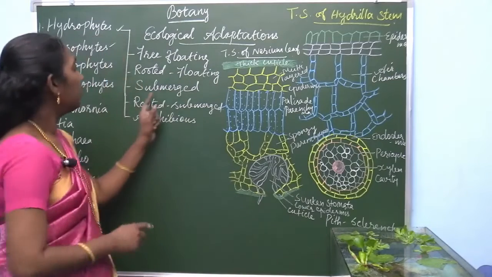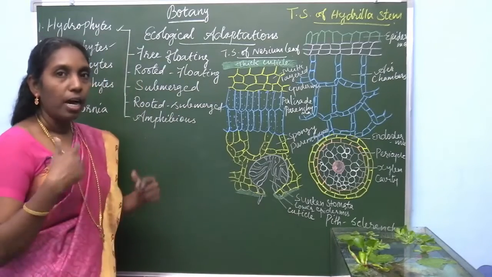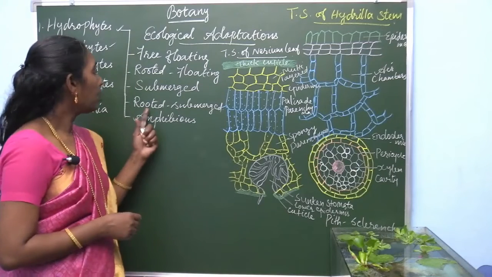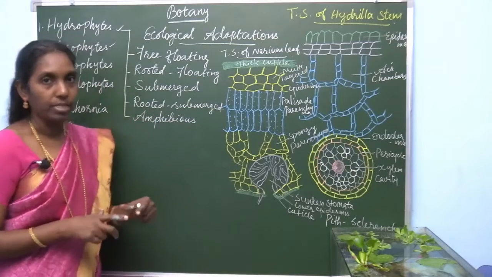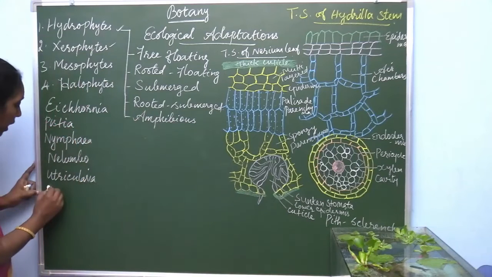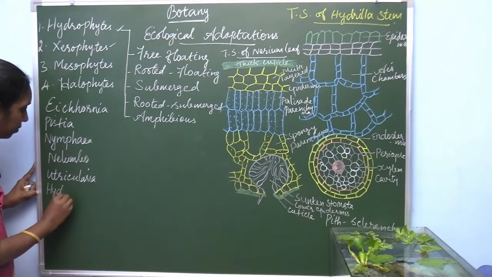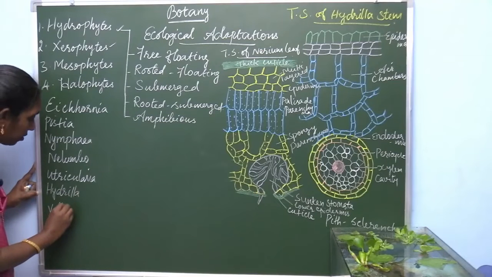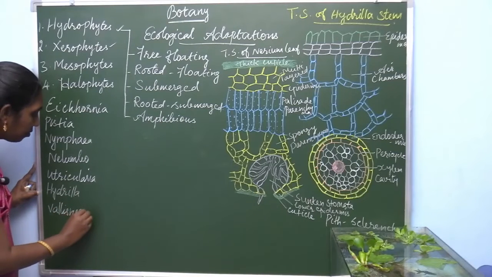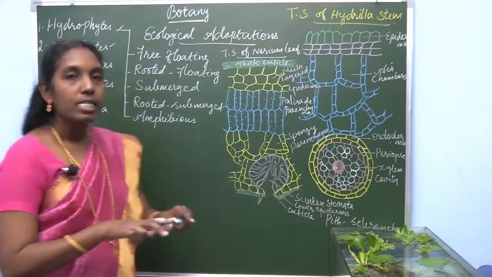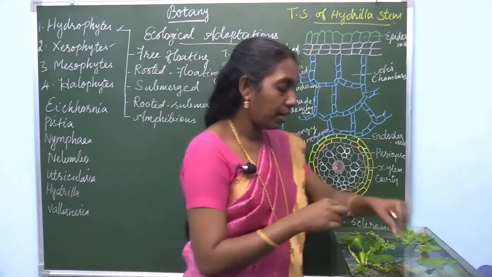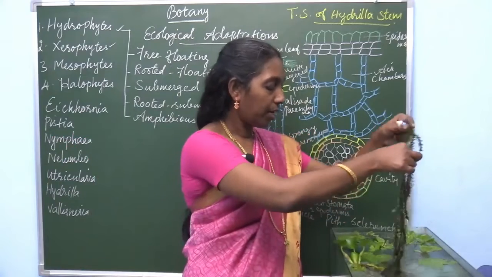Another type is rooted submerged hydrophytes. Very familiar examples are Hydrilla and Vallisneria. This is Hydrilla.